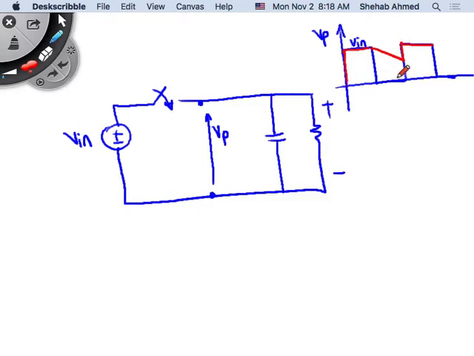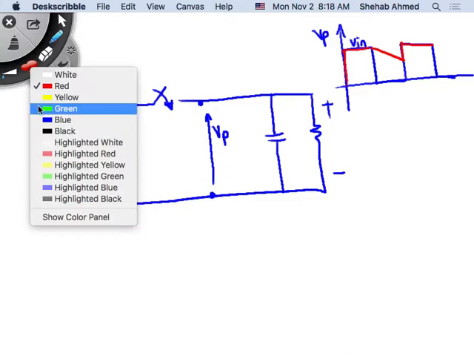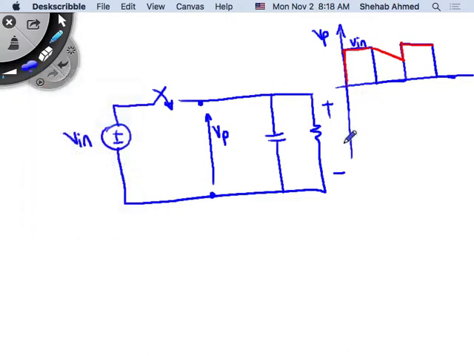Right? If this is what's happening, what am I seeing at these transition points? I'd like to draw the capacitor current in this case. If the capacitor is initially discharged, what's happening here? I'm charging the capacitor, right? And I am going to have to abide by my capacitor current equation.